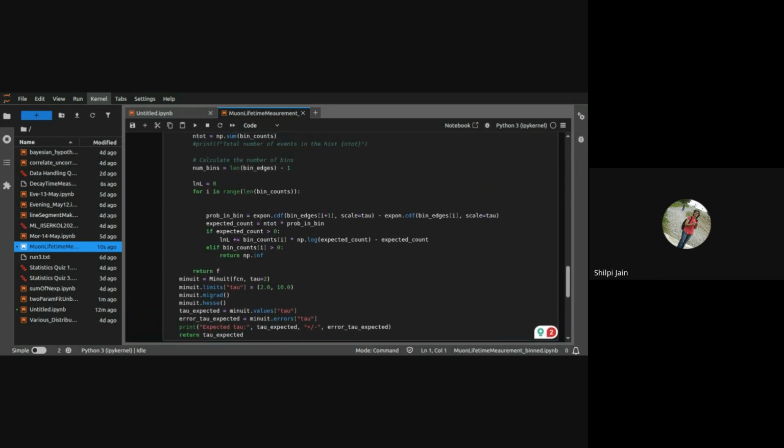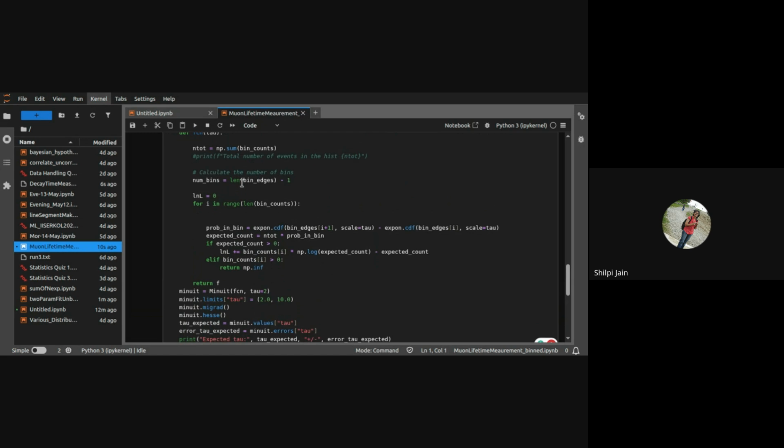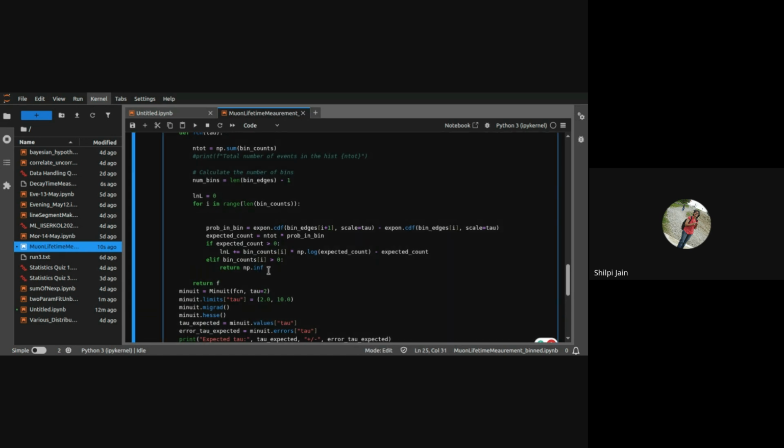You got it? Your FCN is returning a variable called f, but f is not assigned any value. At the end of summing over all the bins, outside the for loop, f should be equal to minus 2 log L. That should be outside the for loop, before return f.